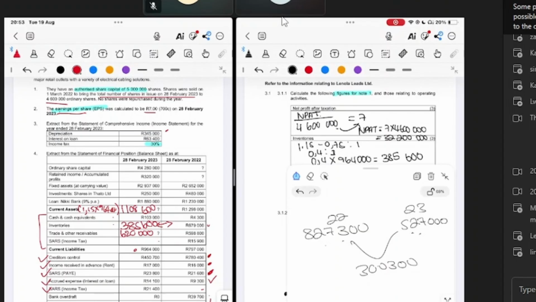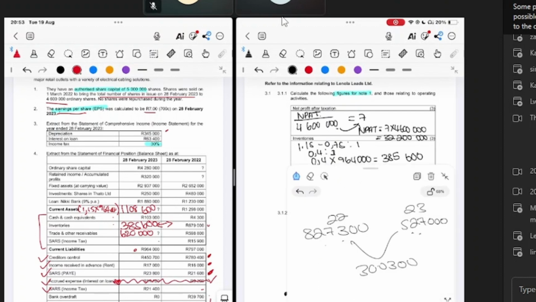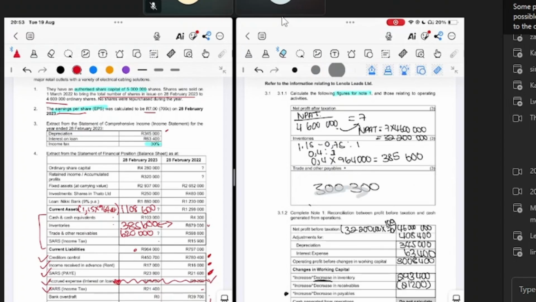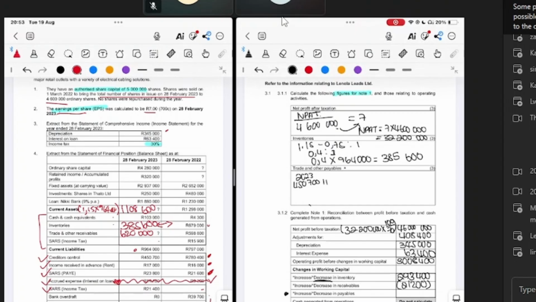Oh, I forgot something. Remember our interest. We already removed our interest here, so we don't need to include it. Sorry about that. Let's just fix this. 2023 is made up of 450,700 plus 17,000 plus 23,800.